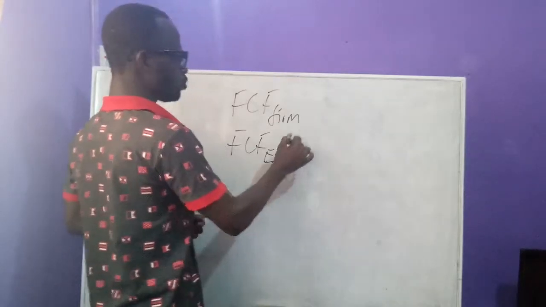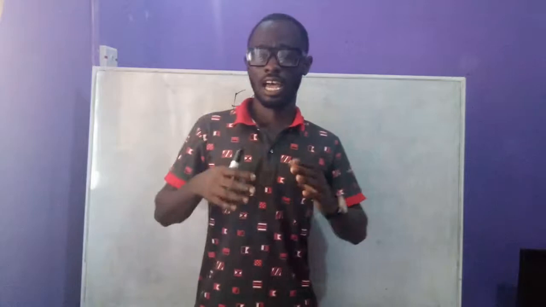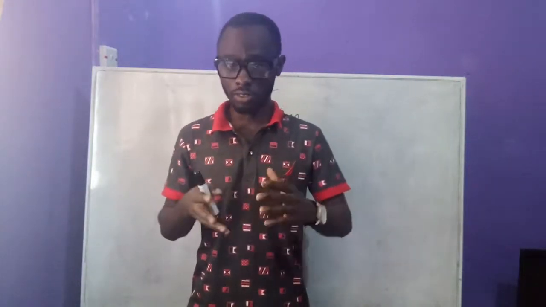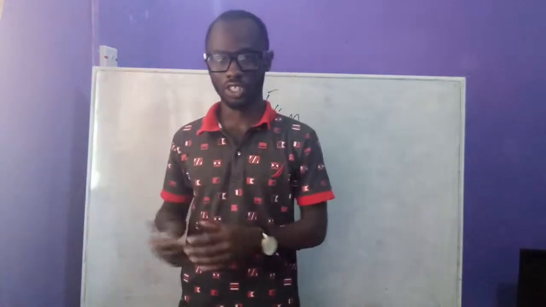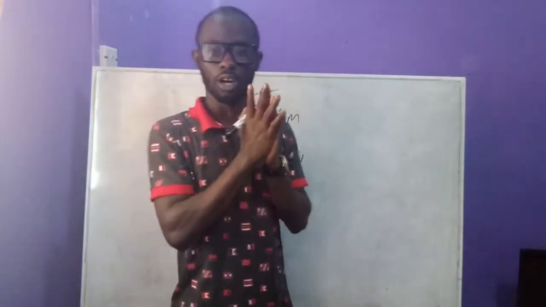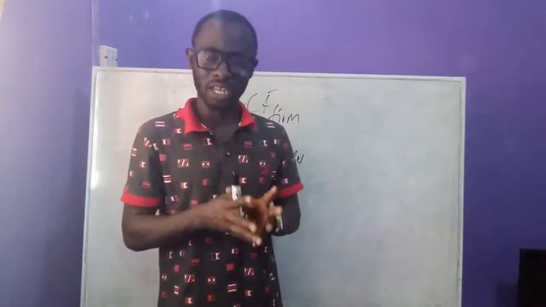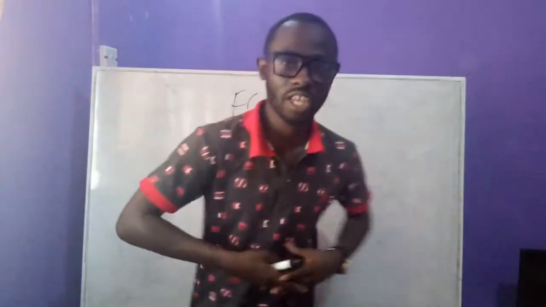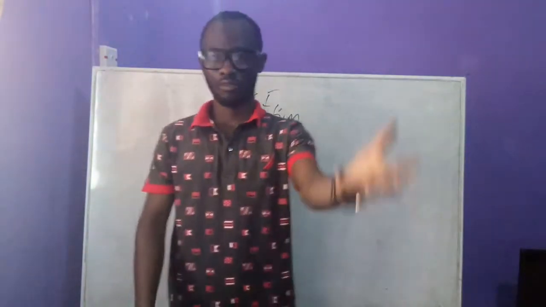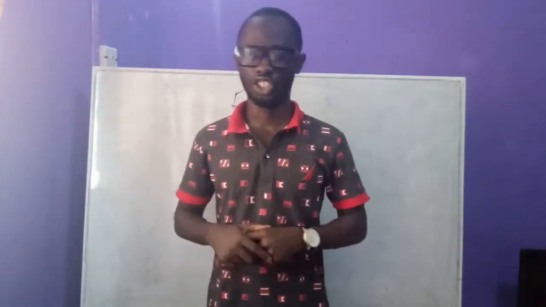Now, their names will help us. When we say free cash flow to firm, it means how much money is available to be paid to the providers of finance, both debt holders and equity shareholders. So that is to the firm. If our capital structure is equity and debt, then free cash flow to firm is how much money is available to be given out to people who have given money to the business, both the debt holders and the equity shareholders.